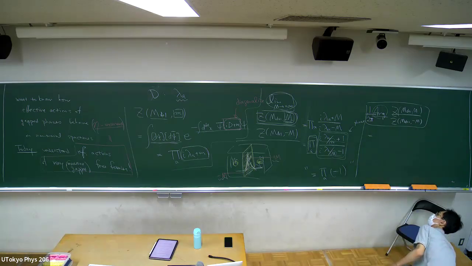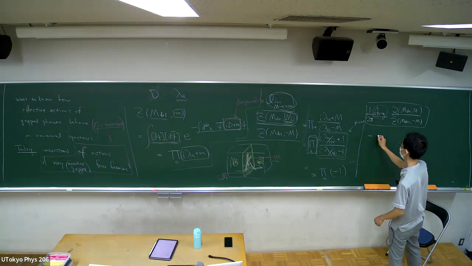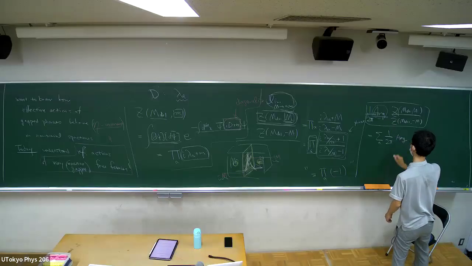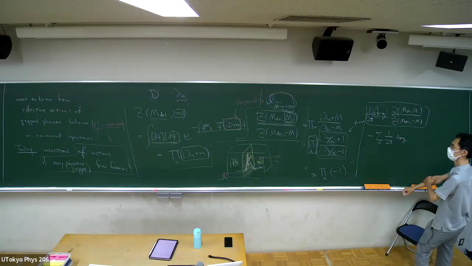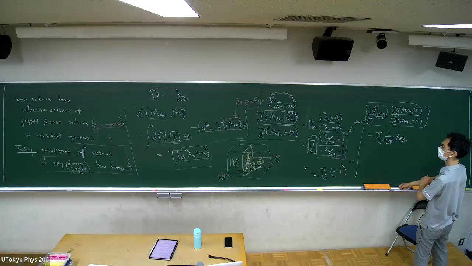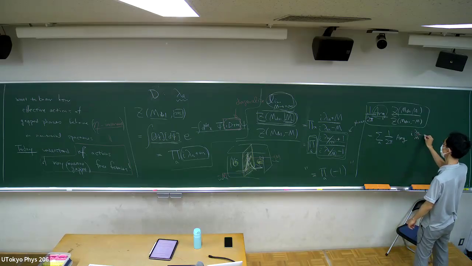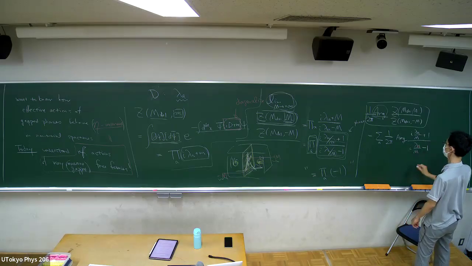And then this is just a sum over 1 over 2 pi argument of I lambda over m plus 1 over I lambda over m minus 1.